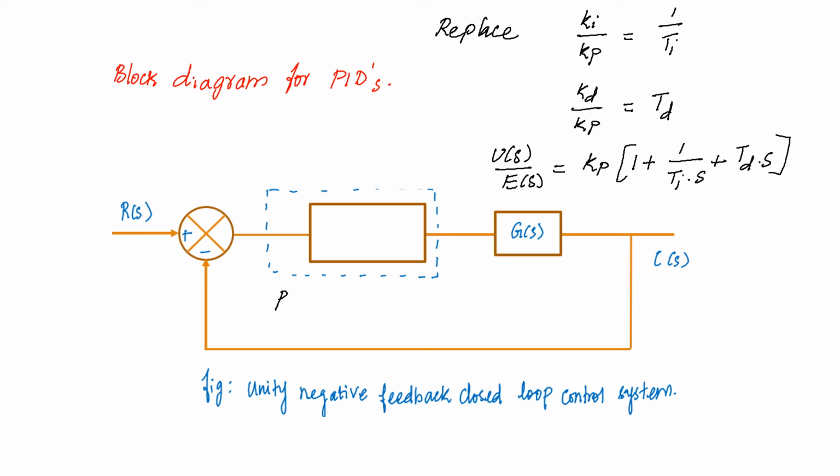So the PID controller's output is nothing but Kp of 1 plus 1 by Ti dot s plus Td s. Okay. So this is the combination of the error signal from the PID controller, which is written as U of s.